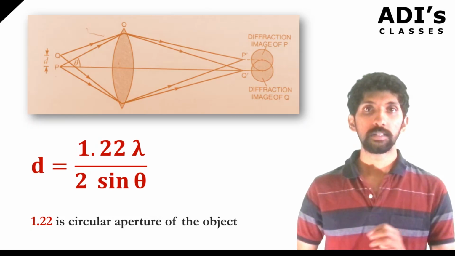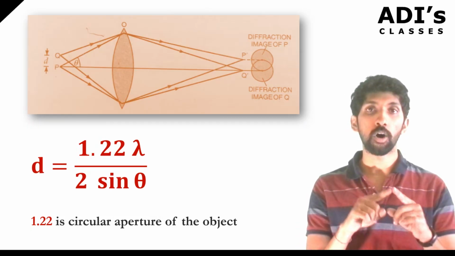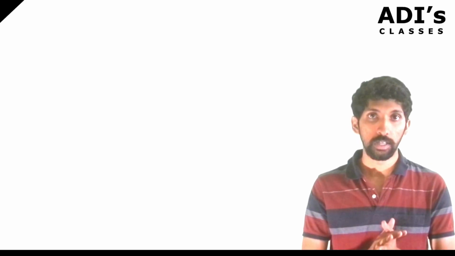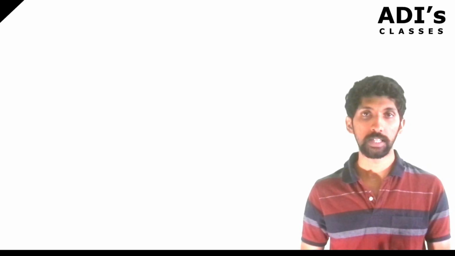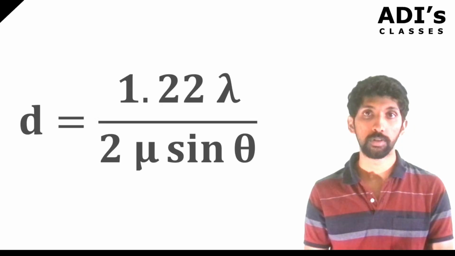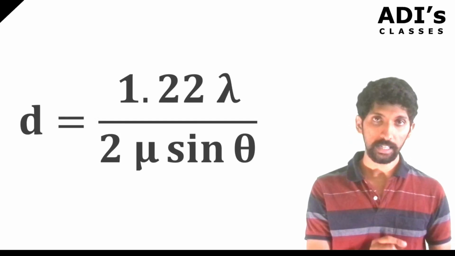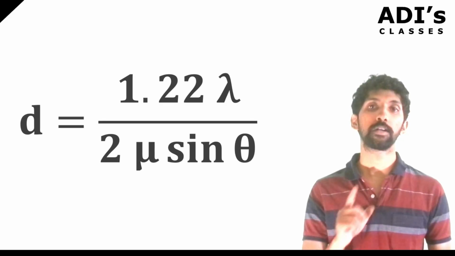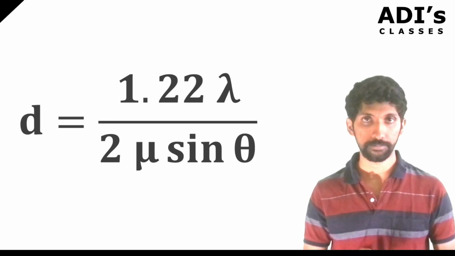Now, if the medium between the objects and the objective lens of the microscope is some other medium, let's say of refractive index mu, then we get D equals 1.22 lambda divided by 2 mu sine theta.